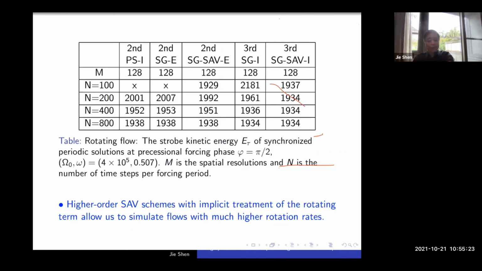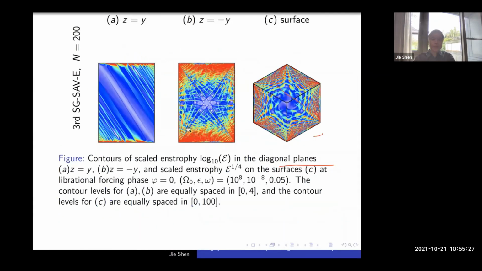By doing this, we were able to extend the range of the parameters that we can deal with. This is still a preliminary result. We computed some results with the rotating speed an order of magnitude more than previously available.